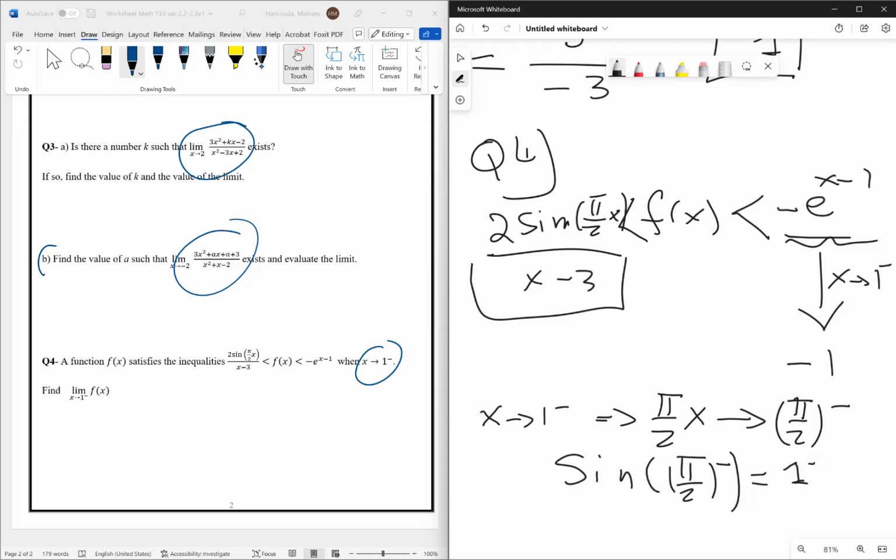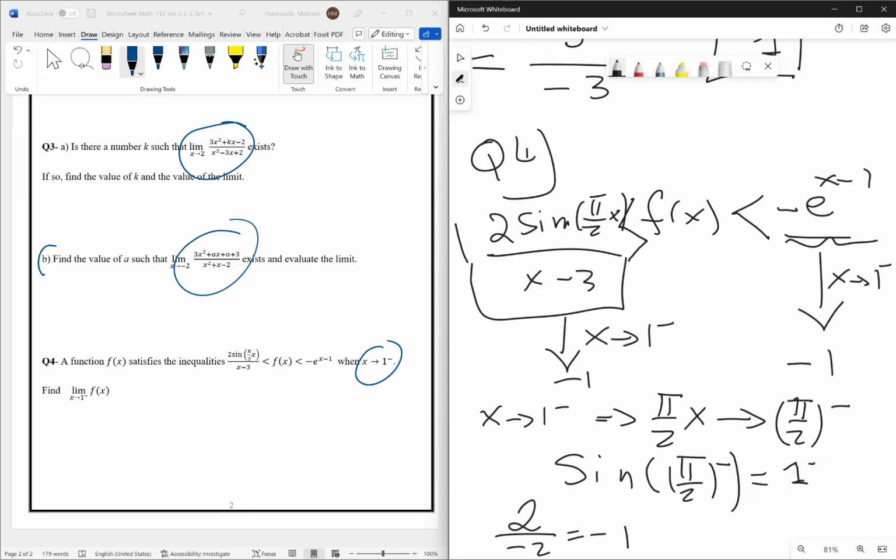Now I will multiply by 2, then divide by x minus 3. So it will give this limit here, all these, it's 2 over minus 2. So it's minus 1. So it converges to minus 1 when x approaches 1 minus.